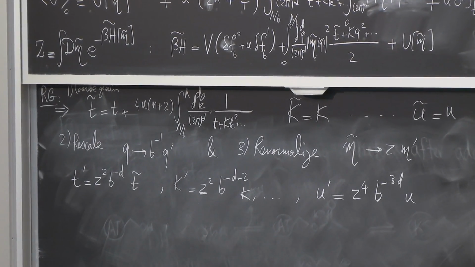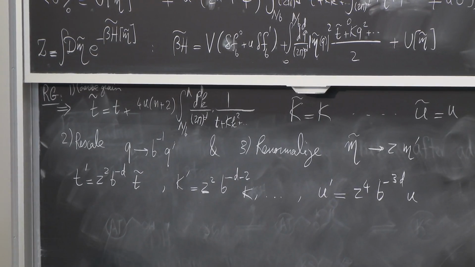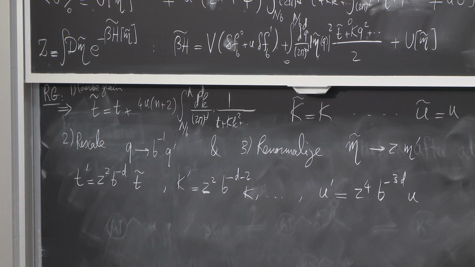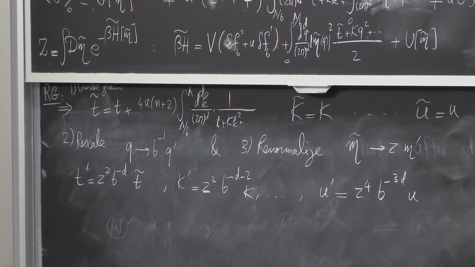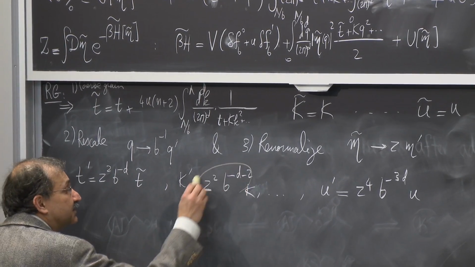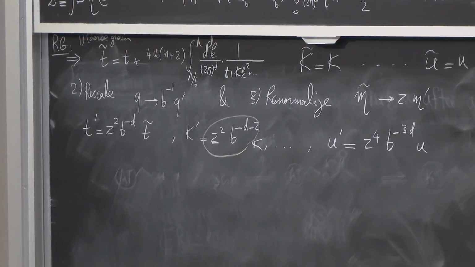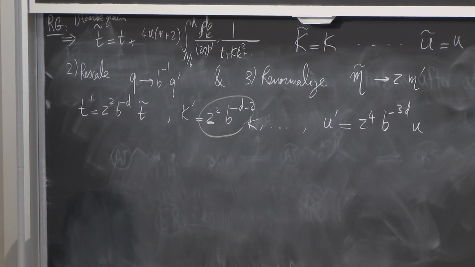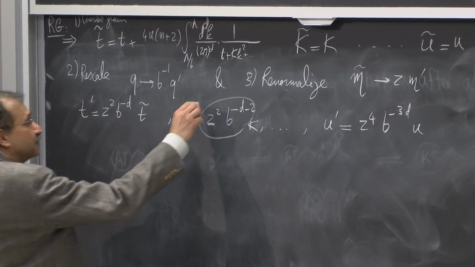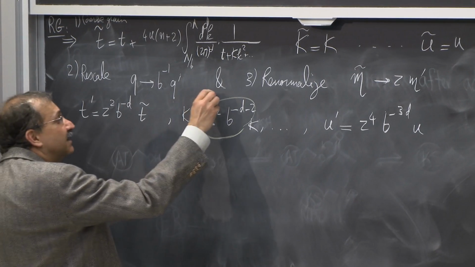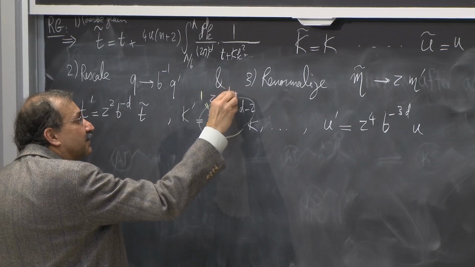Okay? Now we have to choose z such that the theory looks as much as possible like the original weight that I had. And as I mentioned, our anchoring point would be the Gaussian. So for the Gaussian model, we saw that the appropriate choice, so that ultimately we were left with the right number of relevant directions, was to set this combination to 1, which means that I have to choose z to be b to the power of 1 plus d over 2.